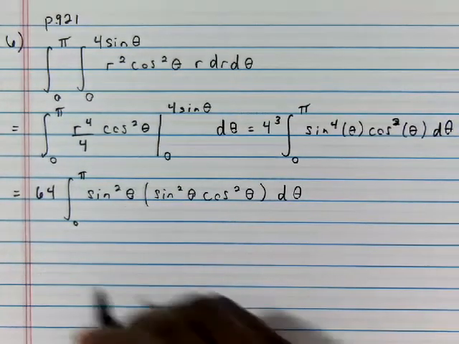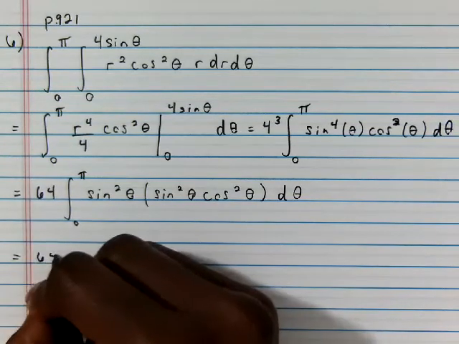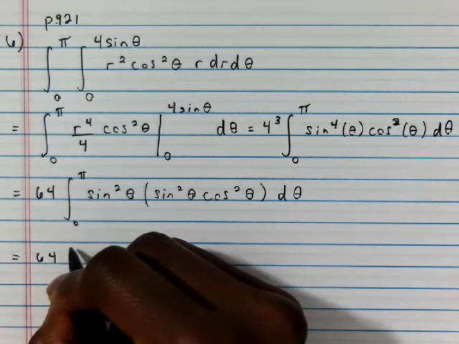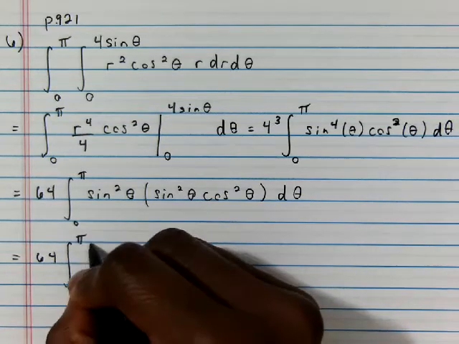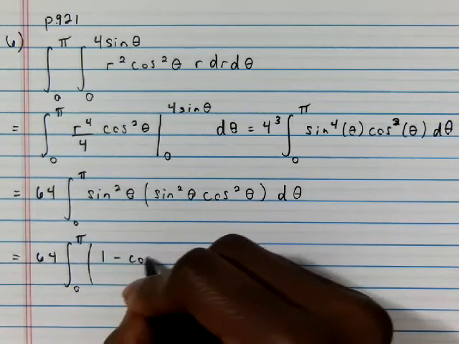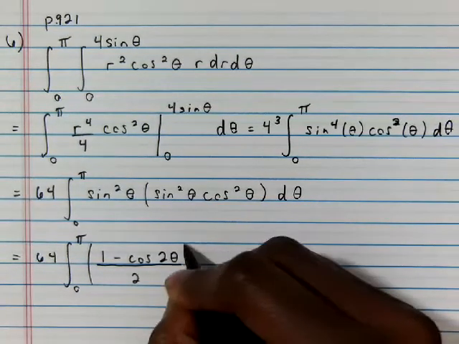I'm going to use two trig identities. Sine squared theta is the same as 1 minus cosine of 2 theta all over 2.